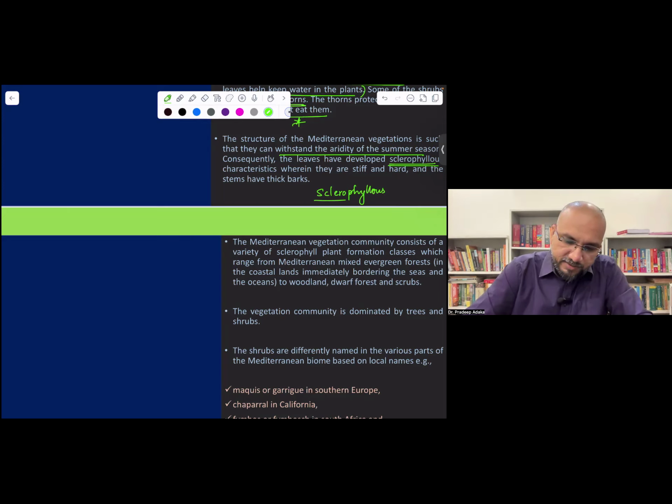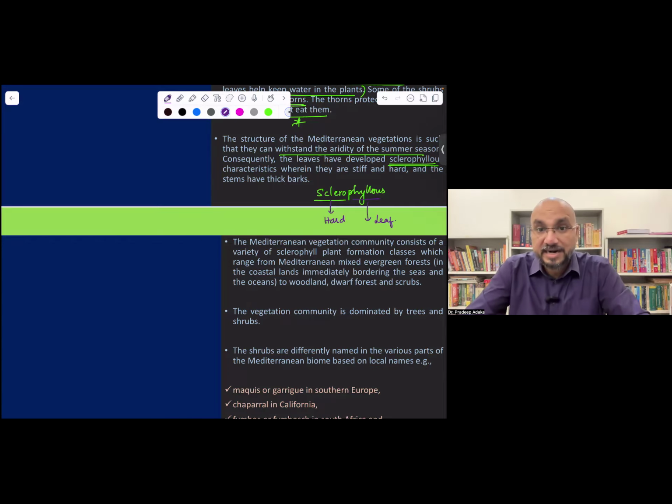Sclero means hard. Okay, and phyllis is leaf. So hard leaves, thick, stiff, hard leaves and stems.